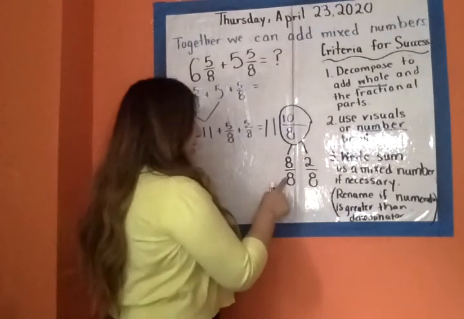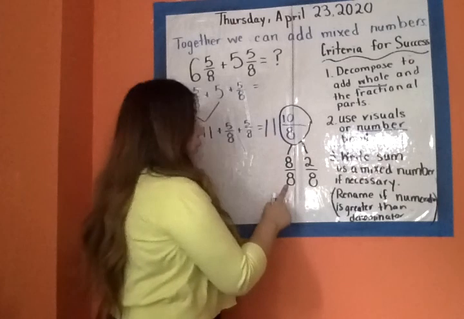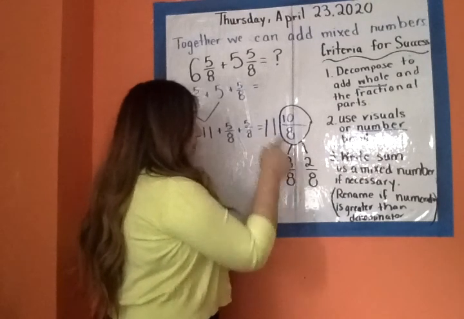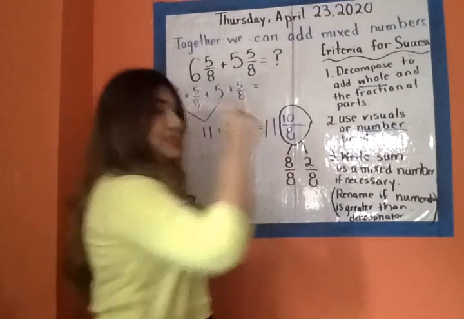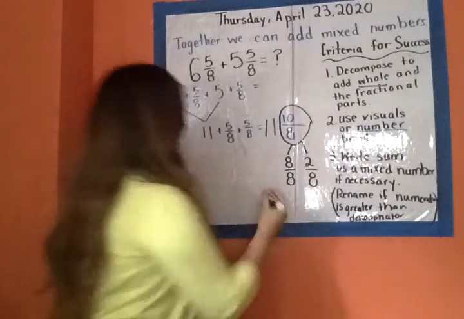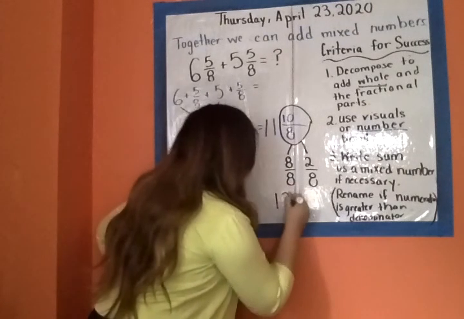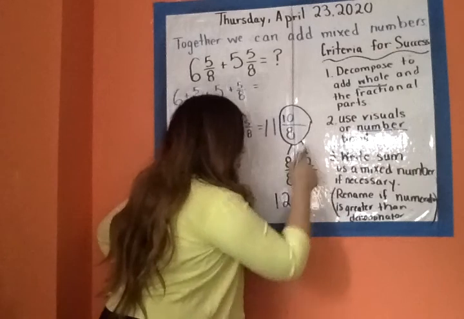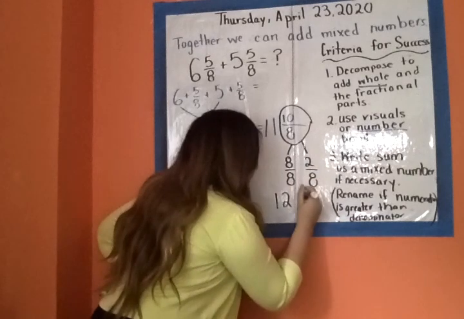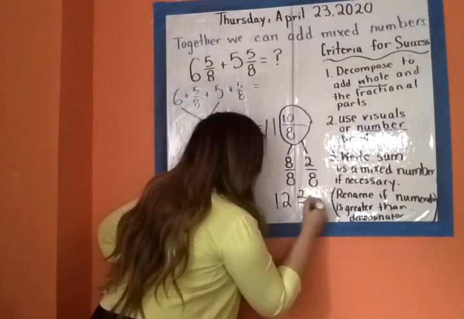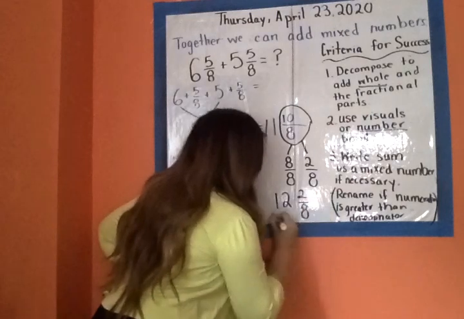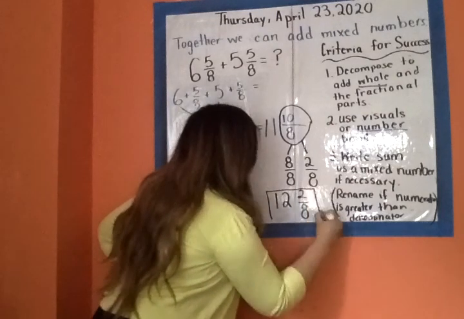If 8/8 is equivalent to a whole, then I know that 11 plus 1 equals 12. And then I can simply write out the fractional part that needs to be included to write it as a true mixed number.